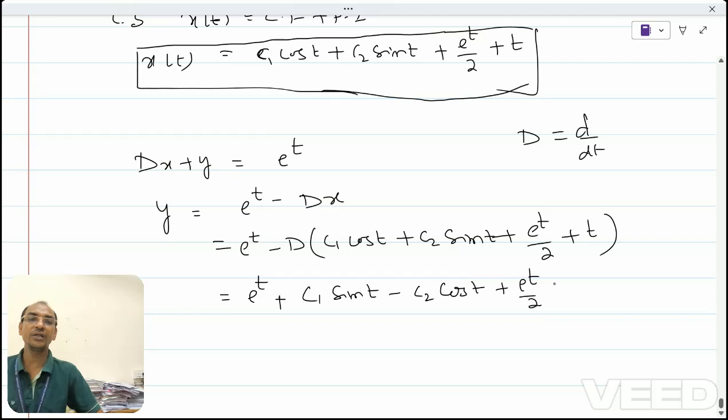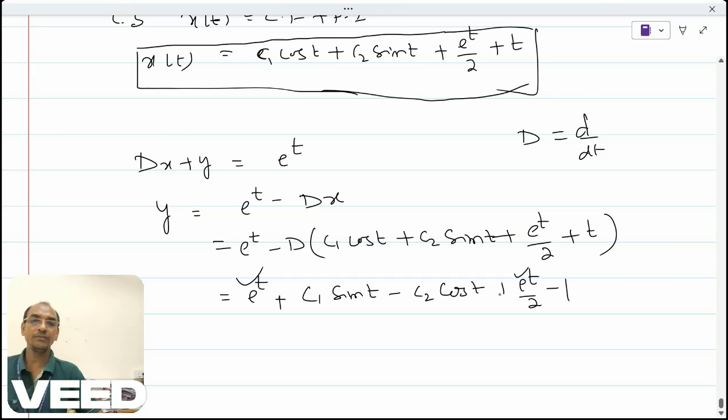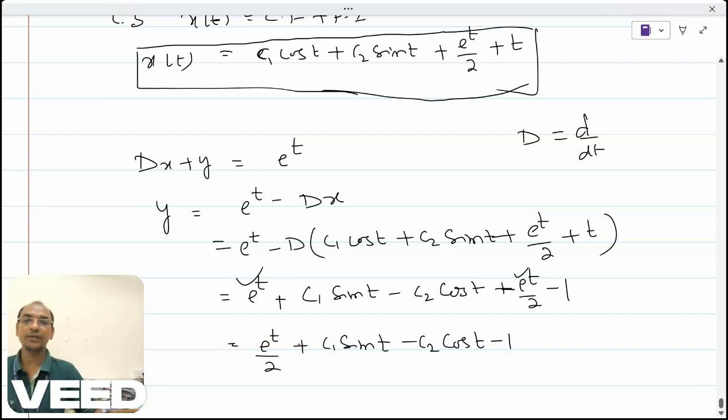Derivative of t is 1, and so this will be minus 1. Now these two things are similar, so you can simplify these two, and you will get e to the power t by 2 plus C1 sin t minus C2 cos t minus 1. So this is the value of y of t.